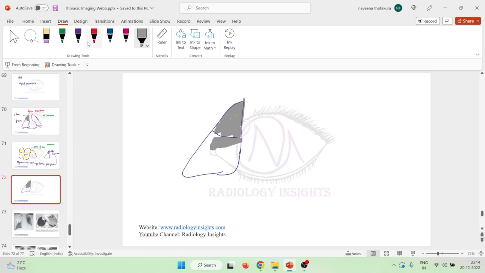So if there is an incomplete fissure, this will result in bilobar pneumonia. This looks like bilobar because of this fissure and involvement of two lobes. Then we call it bilobar, or if two fissures are also involved incompletely, then we can call it trilobar pneumonia or trilobar consolidation.